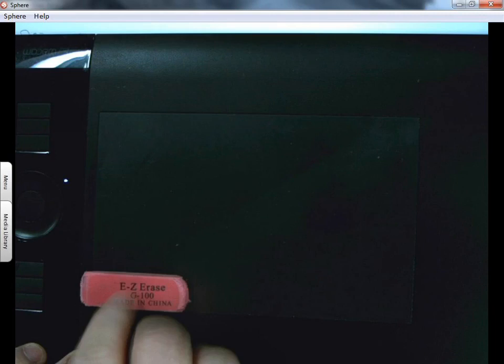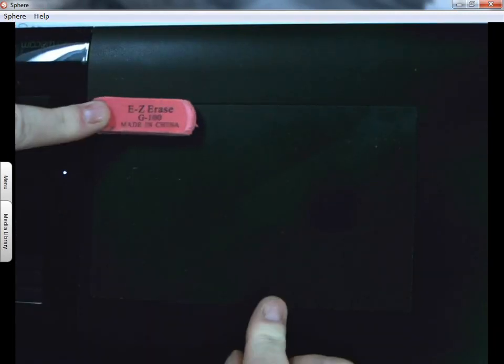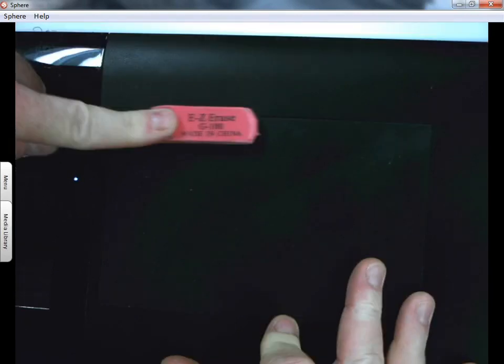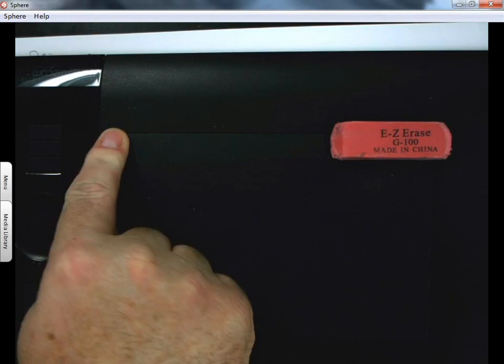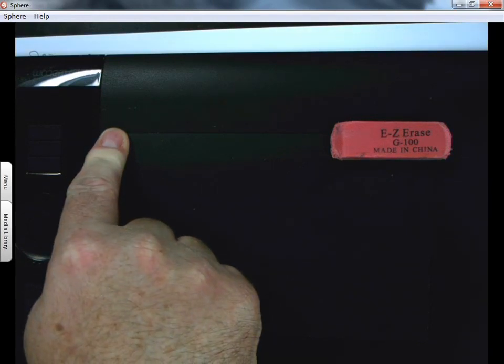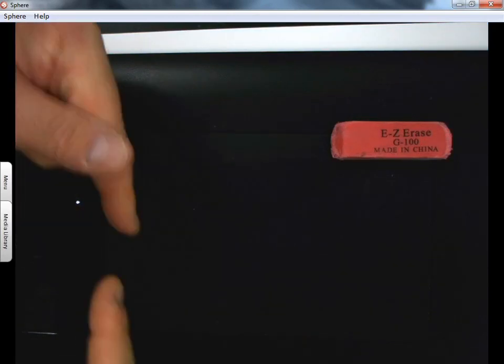But what if I push up to this corner and then push out to that corner? I'm still working against friction because friction's pushing against me.